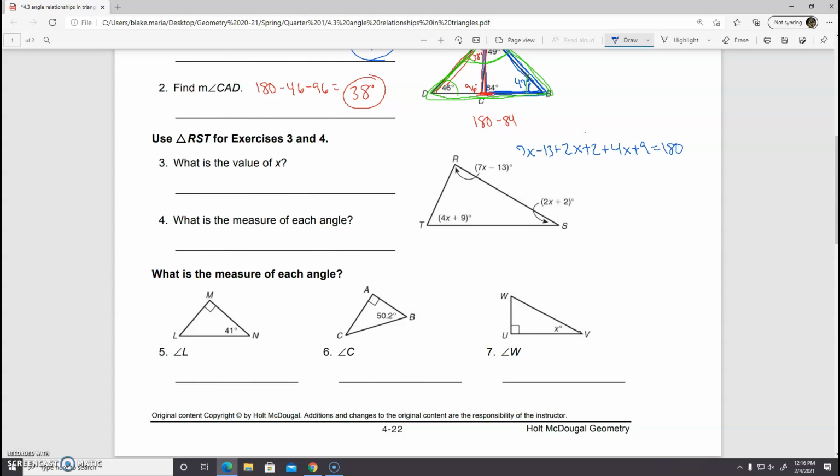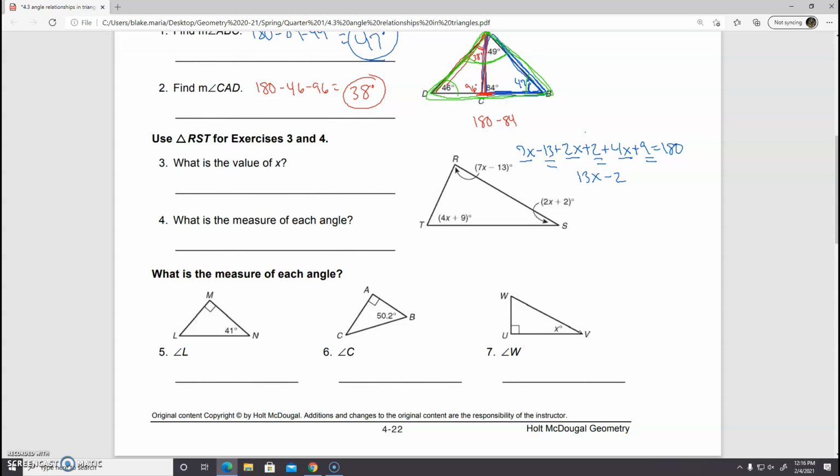The 3 angles should add up to equal 180. And then we have a lot of combining like terms here. We got 7 plus 2 plus 4, so 13x. And then we have negative 13 plus 2 plus 9, so negative 2. And then still equals 180.